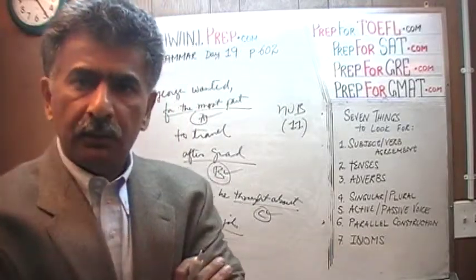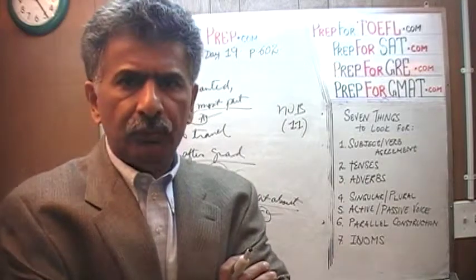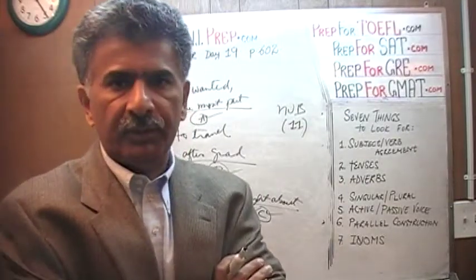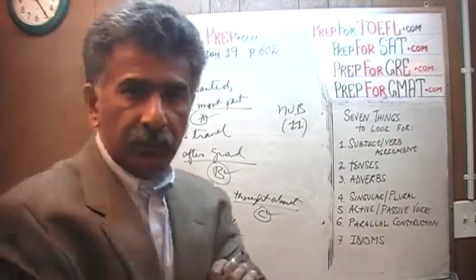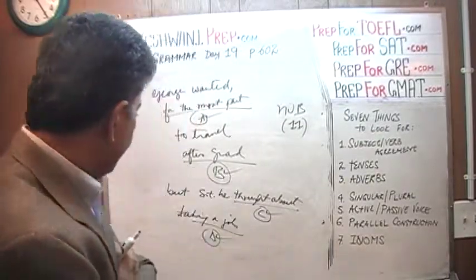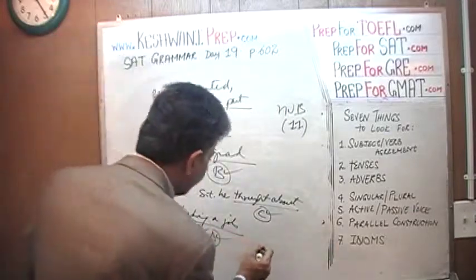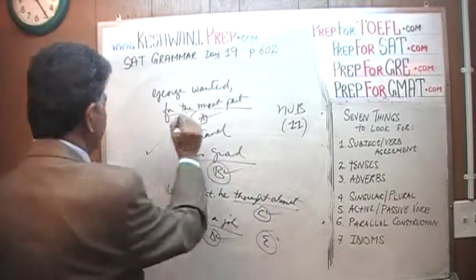George wanted, for the most part, to travel around the world after graduation. But sometimes he thought about taking a job. That's all. There is nothing wrong with this sentence. The answer is E. This sentence is fine the way it is.